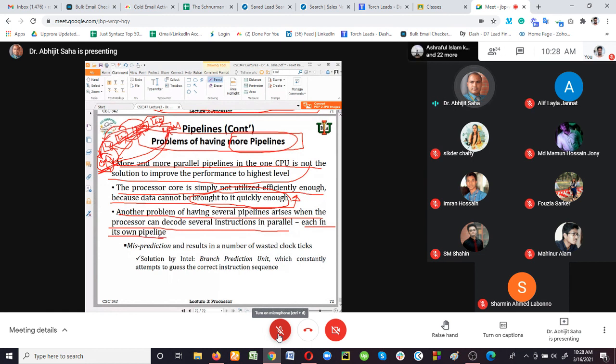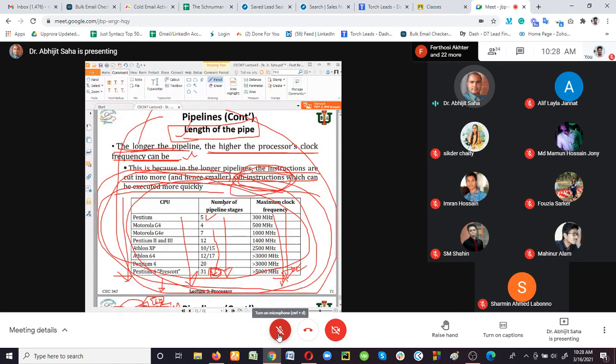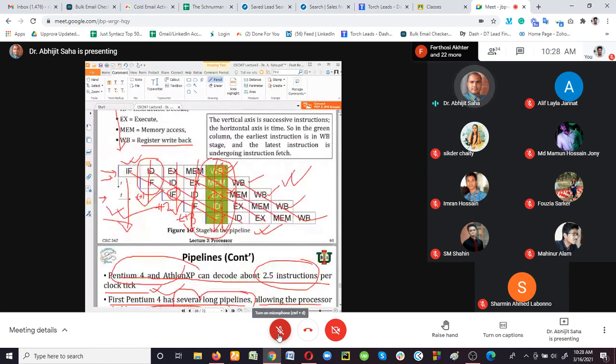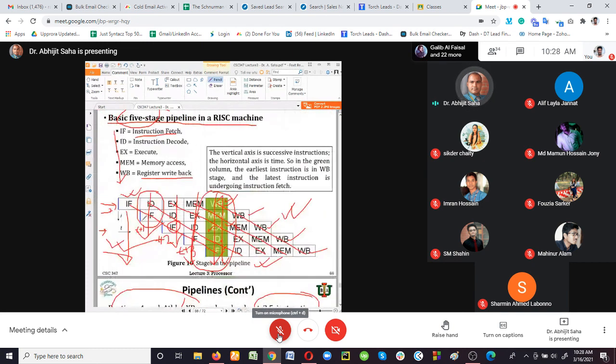This is what I have already said: for this reason, misprediction can result in a number of wasted clock ticks. Can you remember? I was discussing here that if you're having only the simplified stage, we can see that there is no duplicate stage, no common stage while 5 instructions are running at the same time.